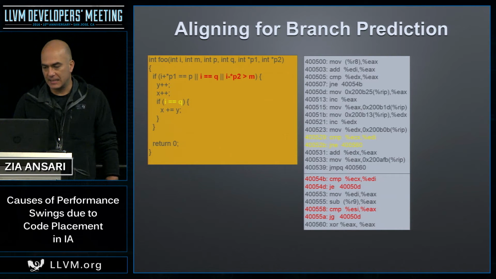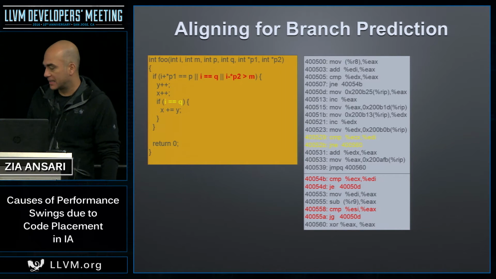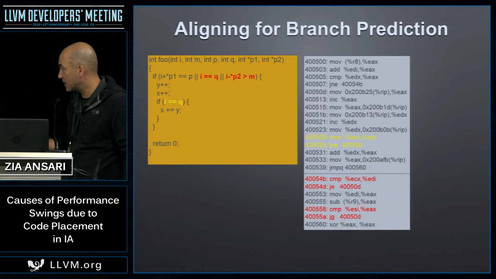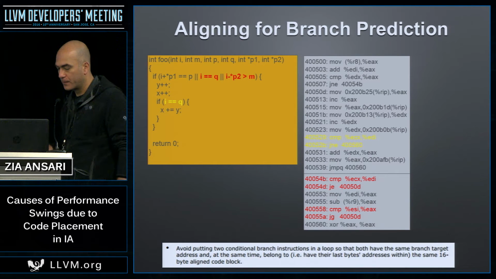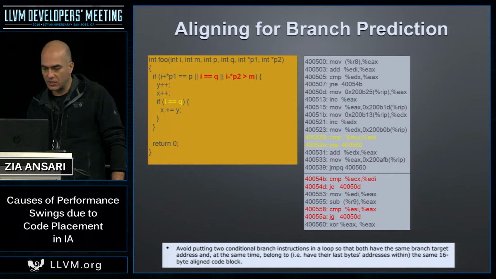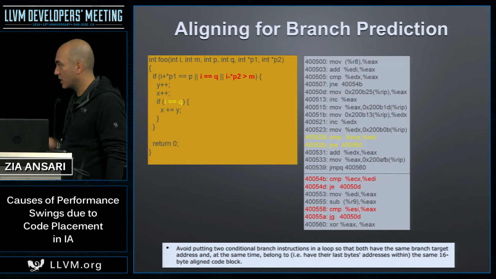On the right is the disassembly for this. The red checks, I'm going to use the laser pointer. The red checks here map to the red checks here in the disassembly, and the yellow check here maps here. This particular example is actually mentioned in the optimization manual: avoid putting 2 conditional branch instructions in a loop so that both have the same branch target address and at the same time their last byte belongs to the same 16-byte chunk.